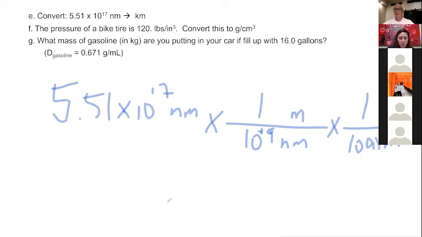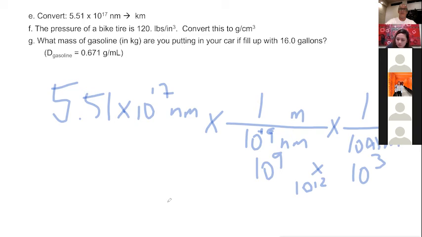So basically, this is 10 to the 9th. This is 10 to the what? 1,000 is 10 to the what power? 3. So I've got 10 to the 12th down here. When I multiply these two together, I get 10 to the 12th.